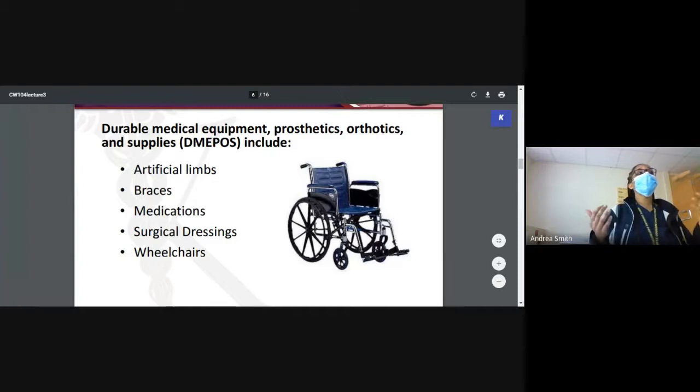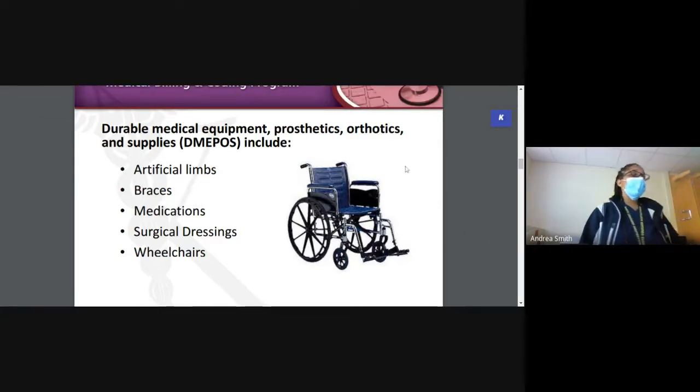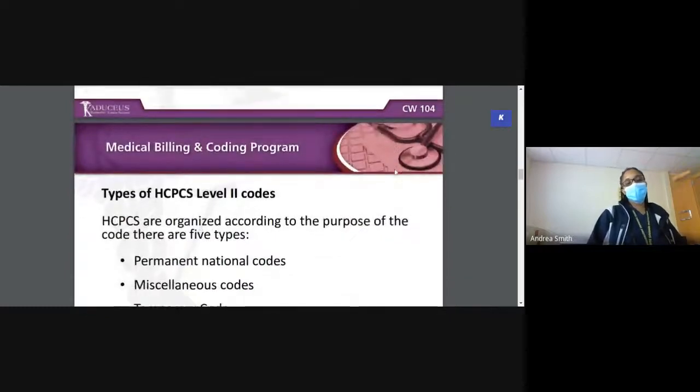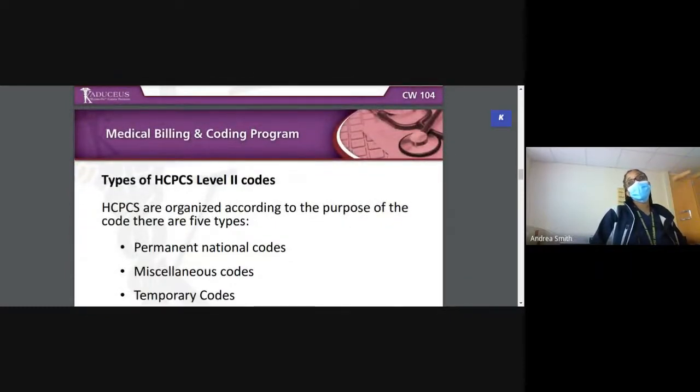But then you also have the mom and pop ones that just do local. So it is a very lucrative business just to go and fit someone for a wheelchair. I believe that's $1,700. And Medicare pays for it. I could be lying about the price, but it is expensive to get a wheelchair.